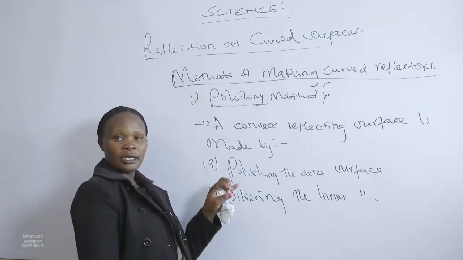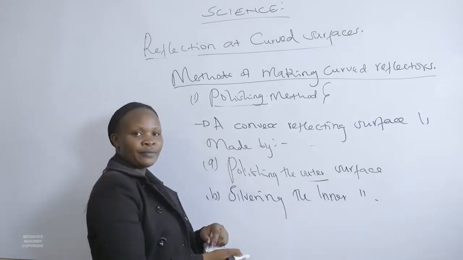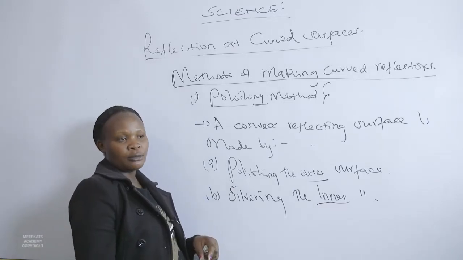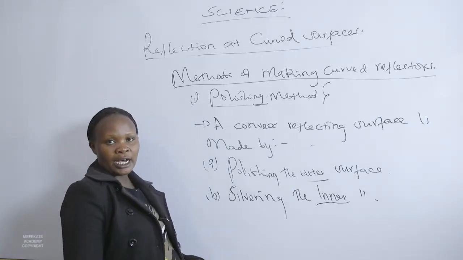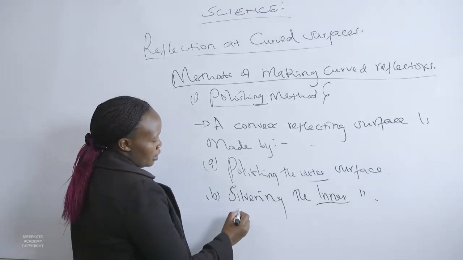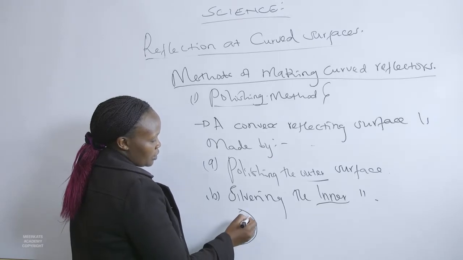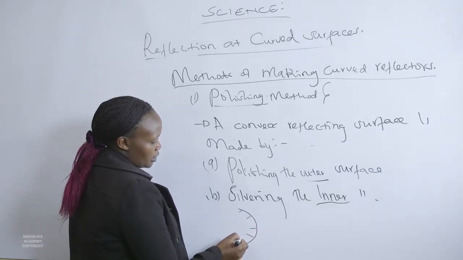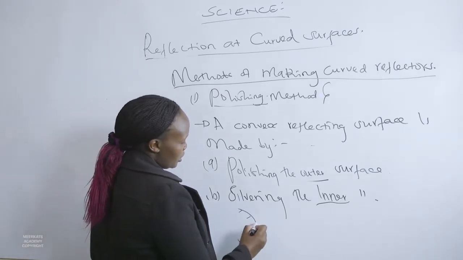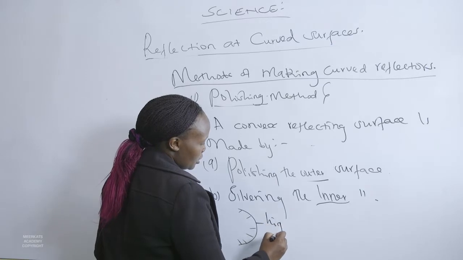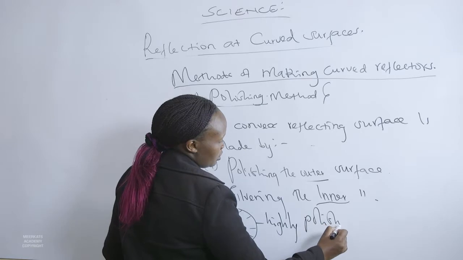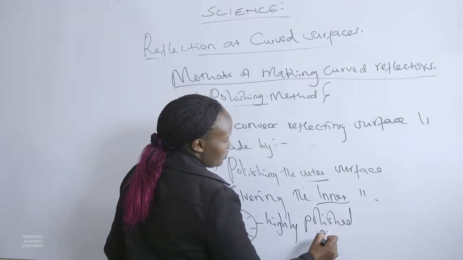You can actually polish the outer, or you can silver the inner. In both cases, you will have succeeded in coming up with a convex reflector, where this one is now the highly polished surface.